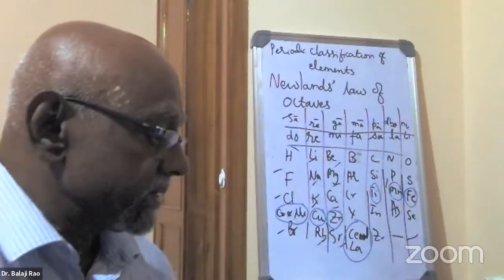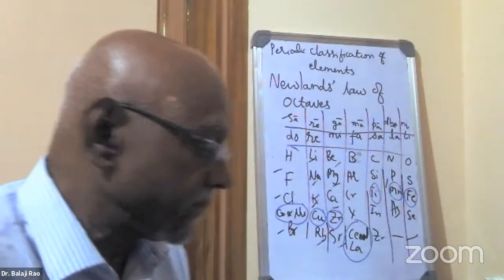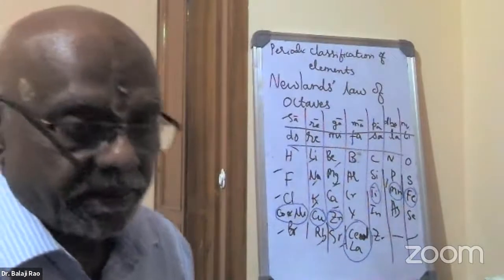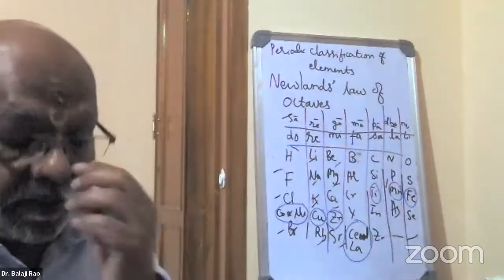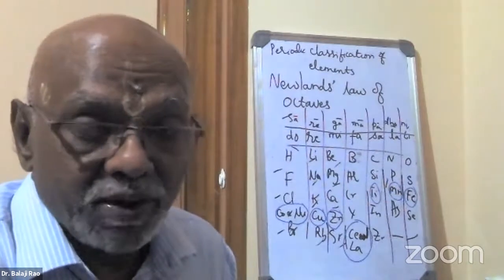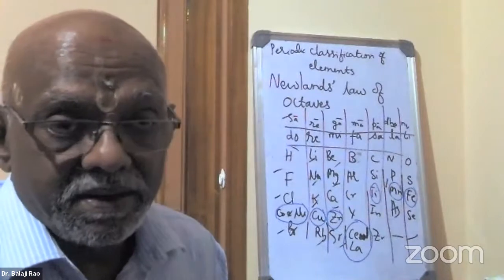So this gave people something to think about. They said, well, we will have to see how we need to make a new periodic classification. And in comes our great Dmitri Mendeleev.